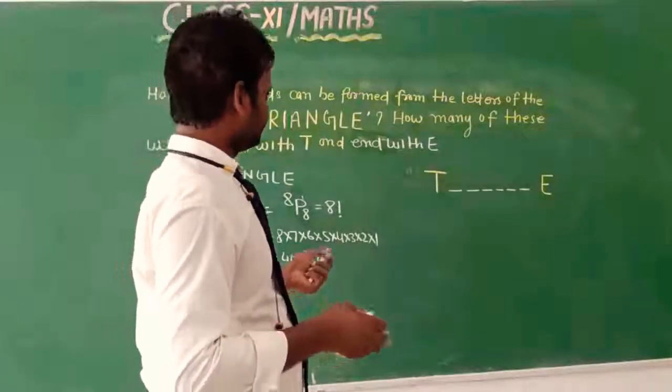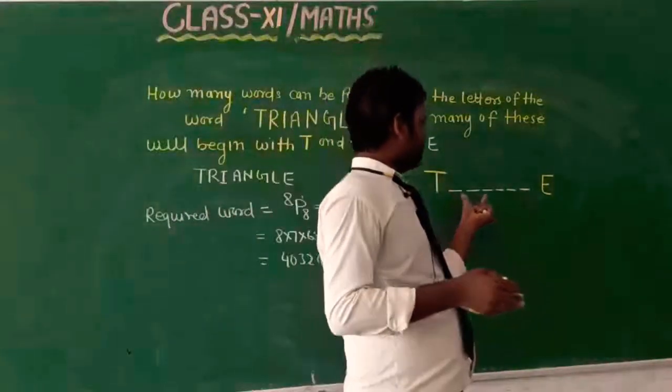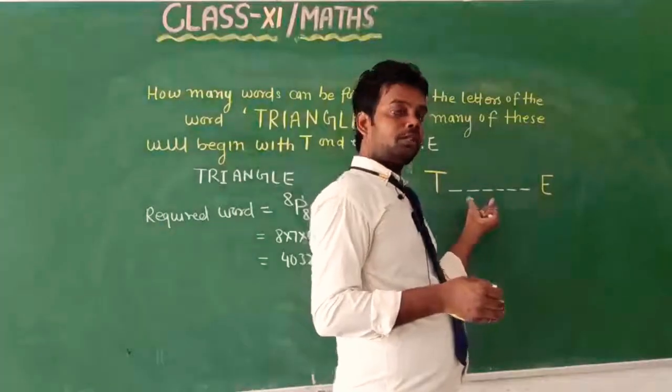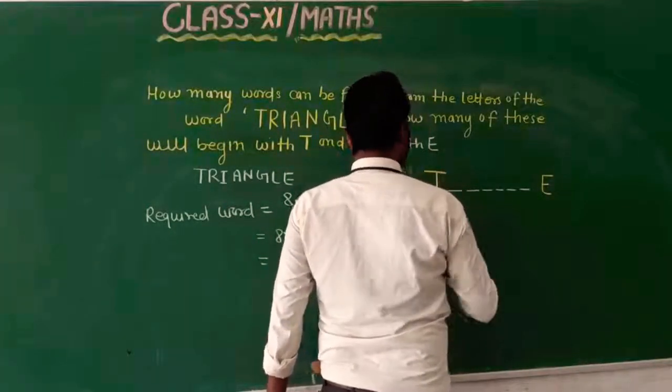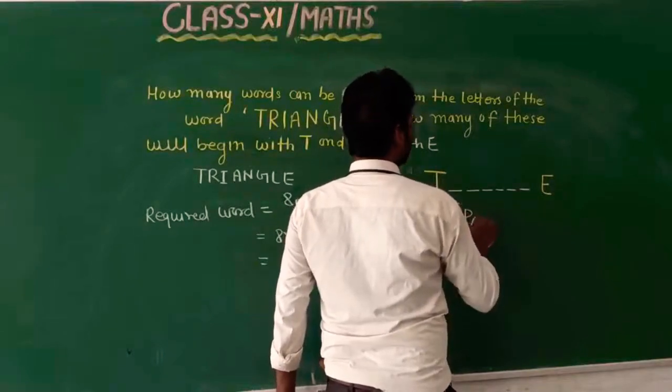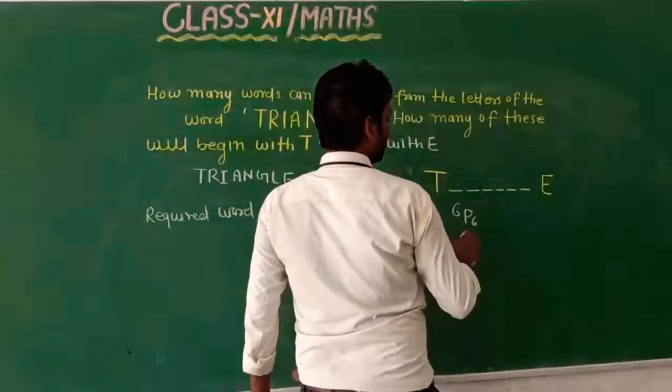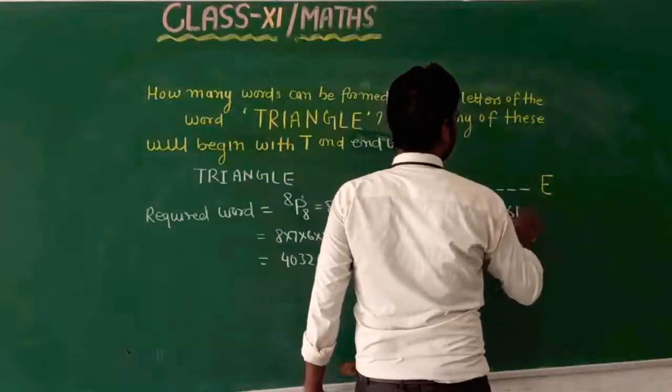These 6 letters can be arranged in 6P6, or factorial 6, ways.